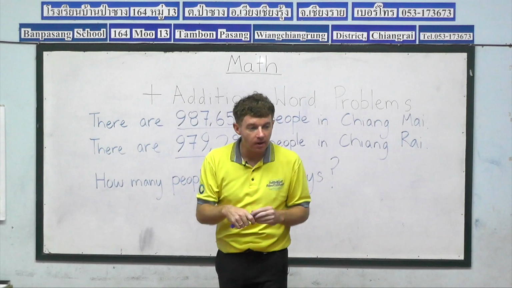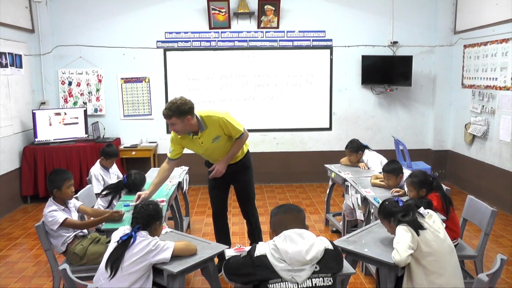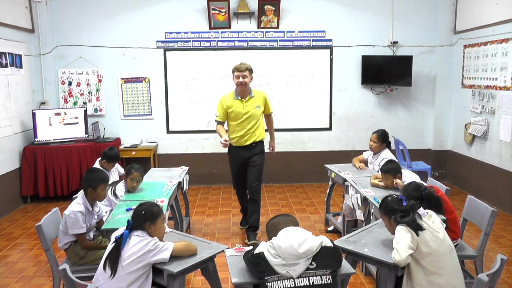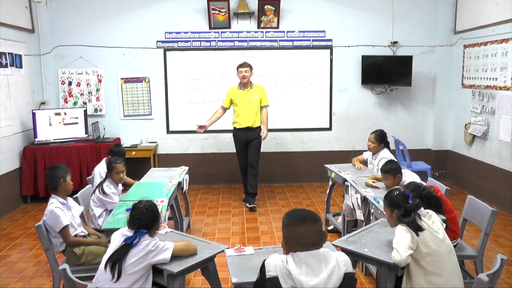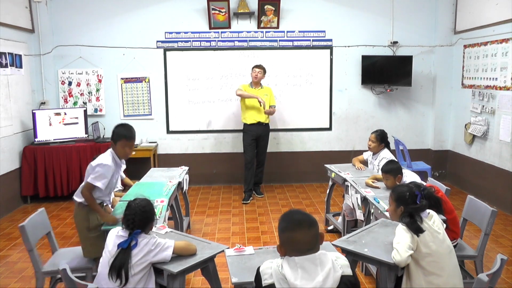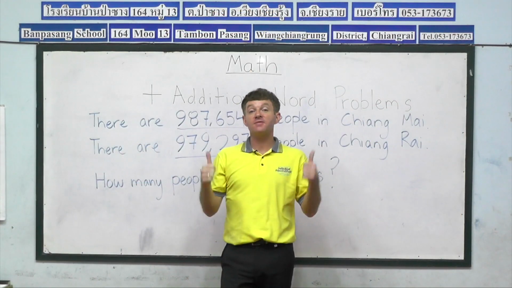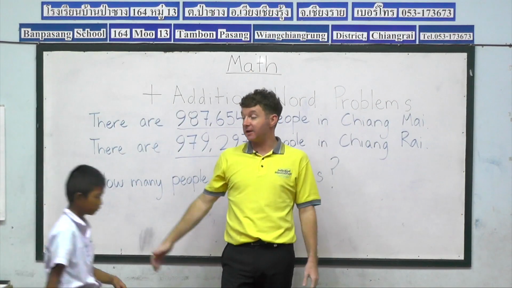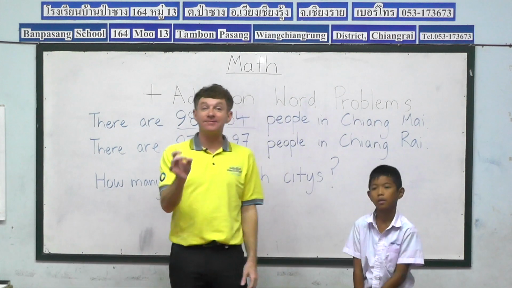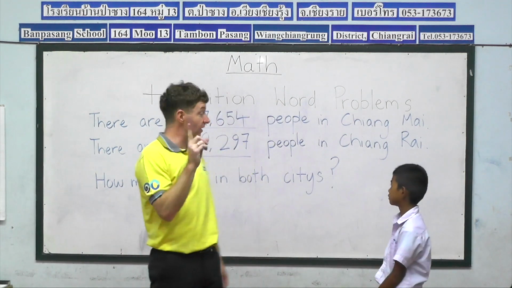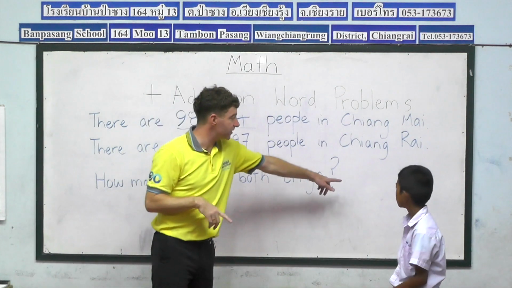So let's close our eyes, guys. Okay, so now Pat has the pen. Pat, you can come and join me at the front of class. And Pat is going to show and demonstrate how to answer our addition word problem. So the first thing to do, let's draw our table here.